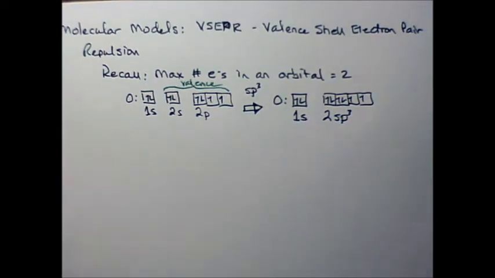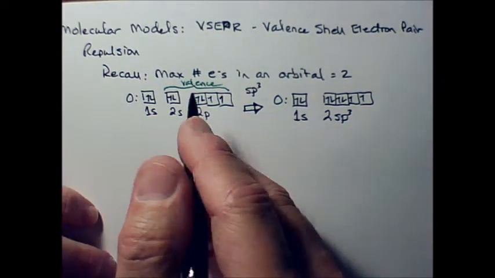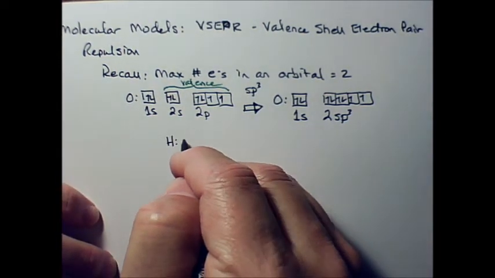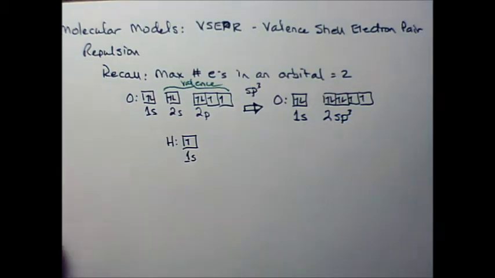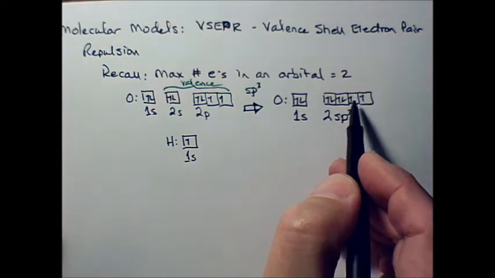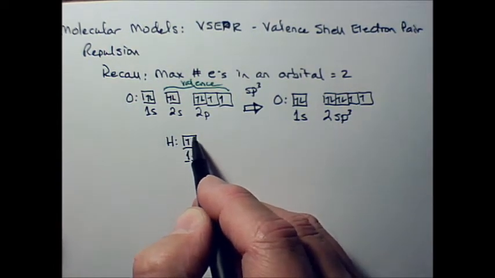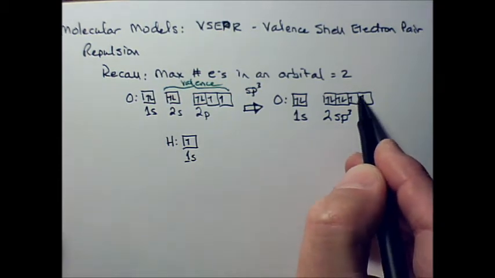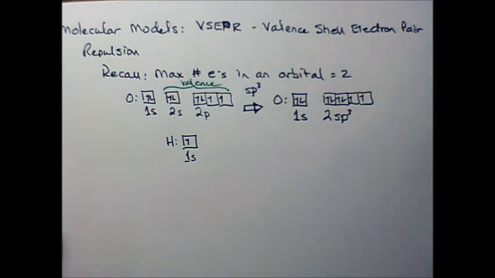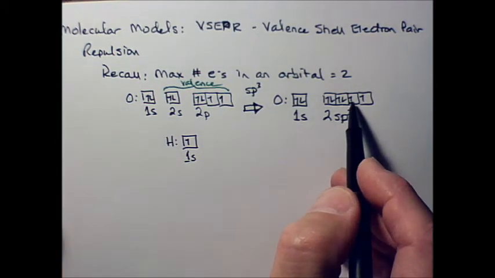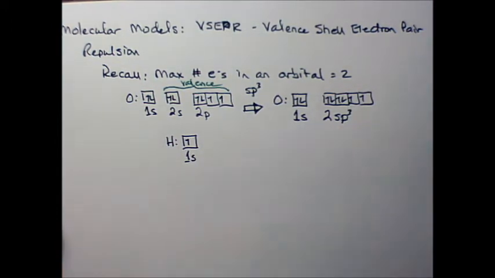So if I combine oxygen with hydrogen, hydrogen only has 1 electron. Only needs 1 more. So if I take this orbital right here and plug it in with this, they're going to be the same orbital, then oxygen has gotten 1 more of the electrons it wants, and hydrogen's gotten all the electrons it wants.